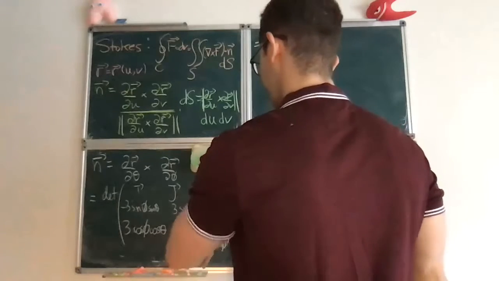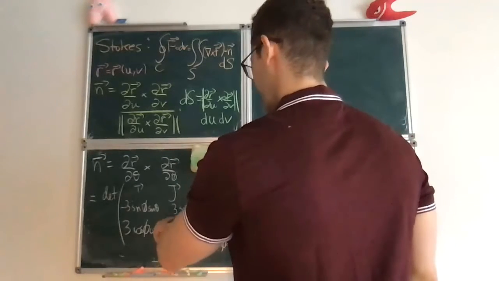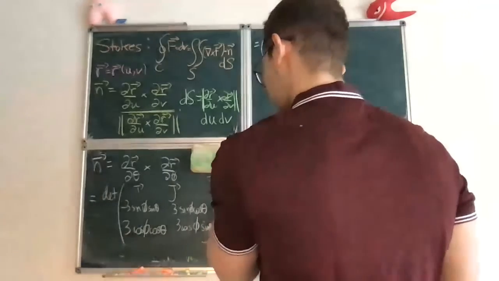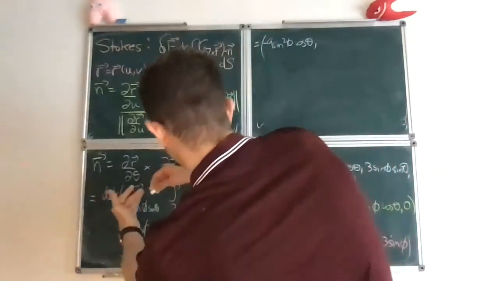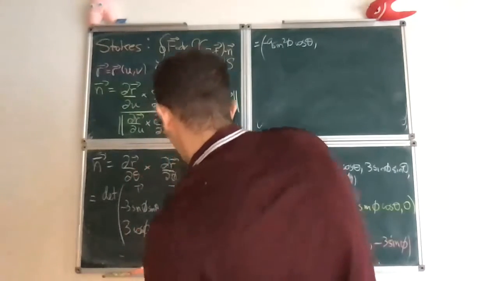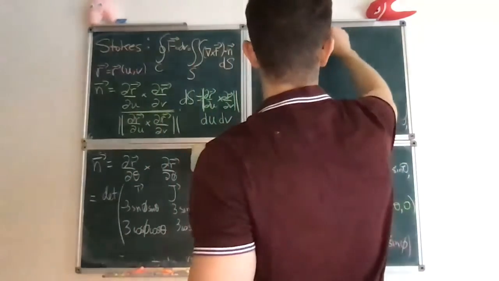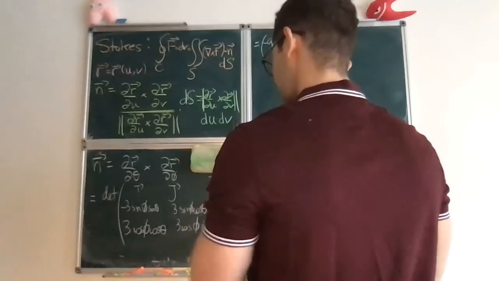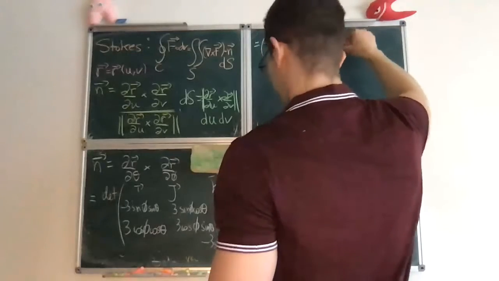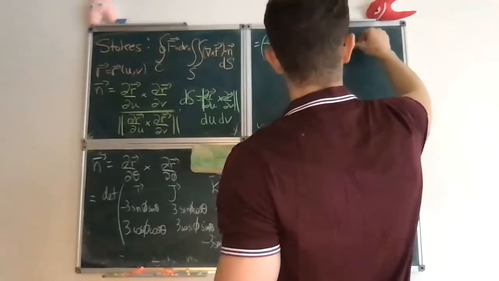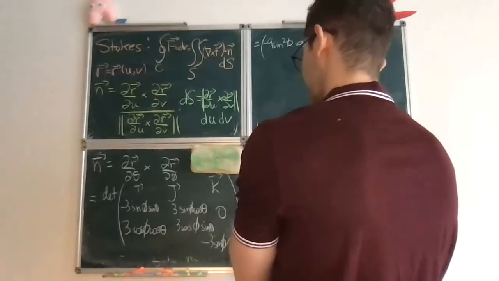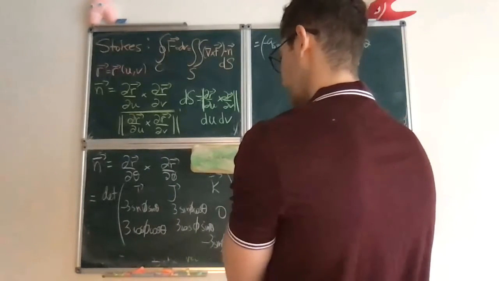Then the second entry is -9 sine squared of phi sine of theta. Remember, it goes plus minus plus. It's a bit tricky, this stuff with the sign.